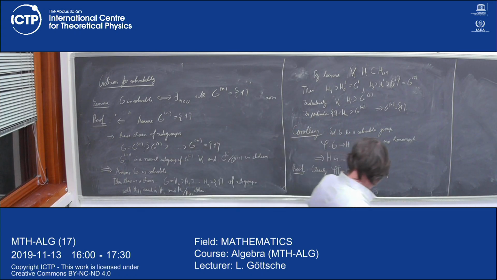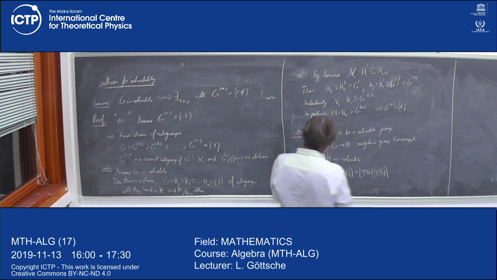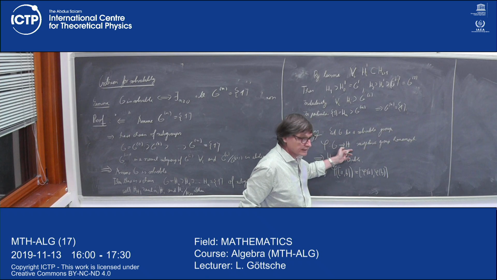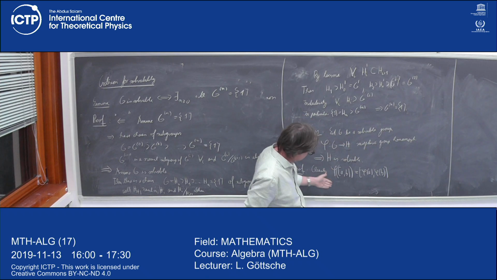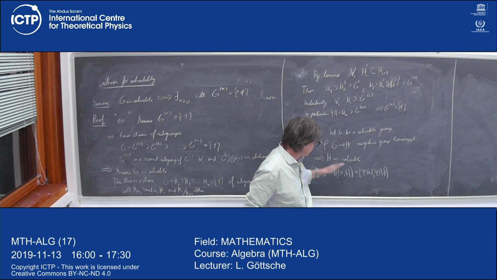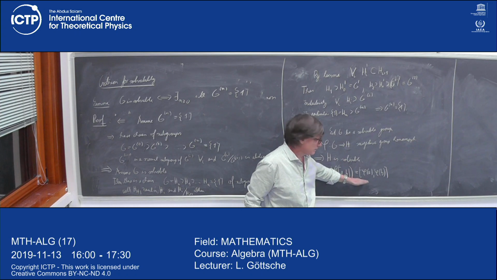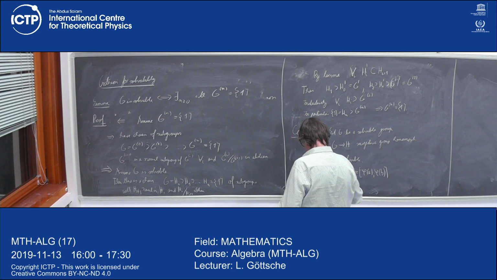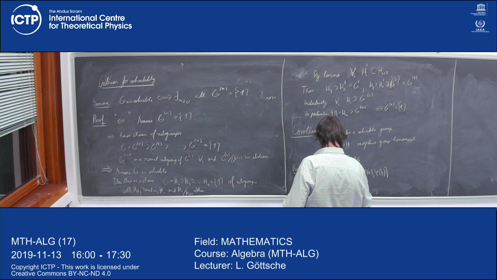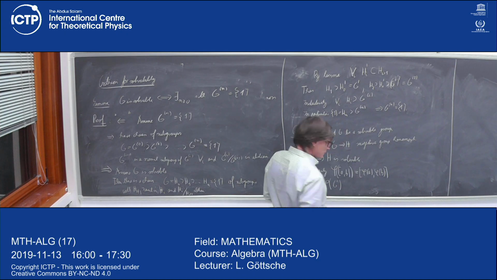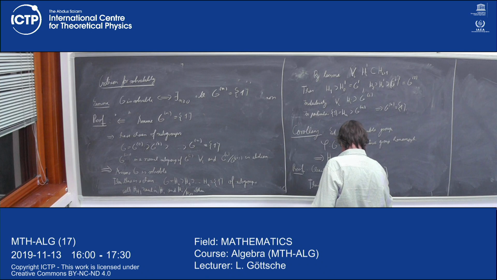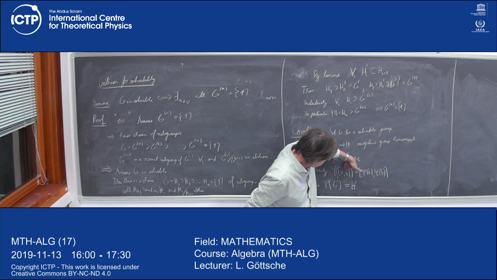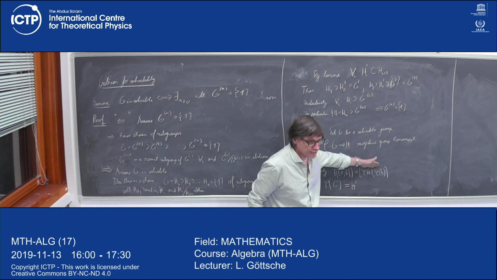And it follows that, as I assumed the map is surjective, if I take all commutators in G, I get all commutators in H. So phi of the commutator subgroup of G is equal to the commutator subgroup of H. It's clear that the commutator subgroup is mapped into the commutator subgroup.